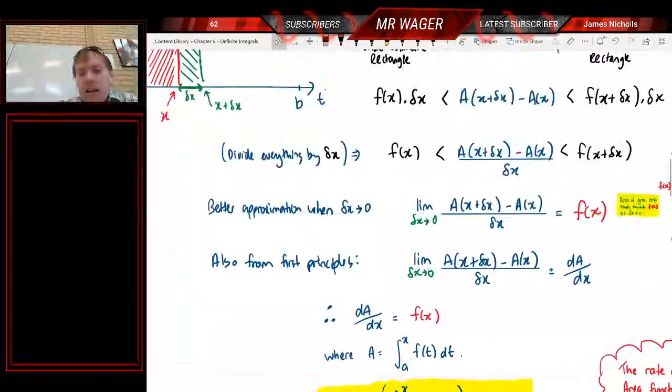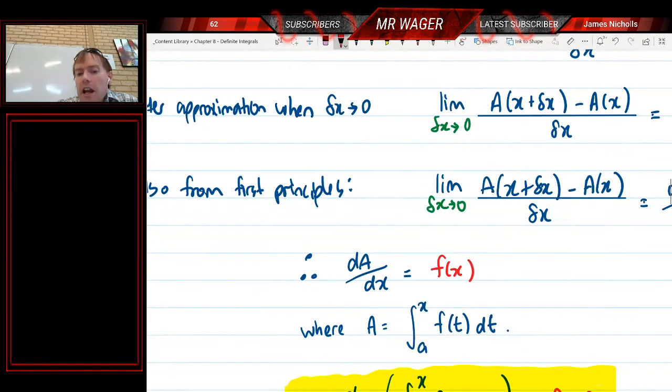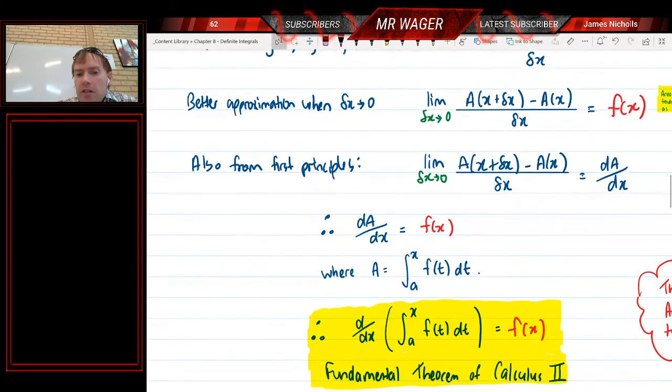So we can write it like this. The derivative, the rate at which the area function is changing, is equal to f of x. The area function is that integral that we had at the very beginning, the integral from a to x of f of t dt. So therefore, putting those two bits together, if the area function is the antiderivative from a to x of our function, we can put that into there.